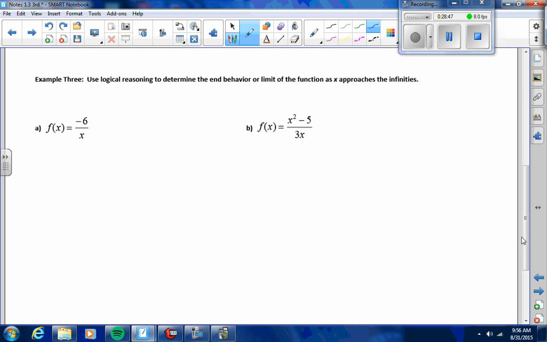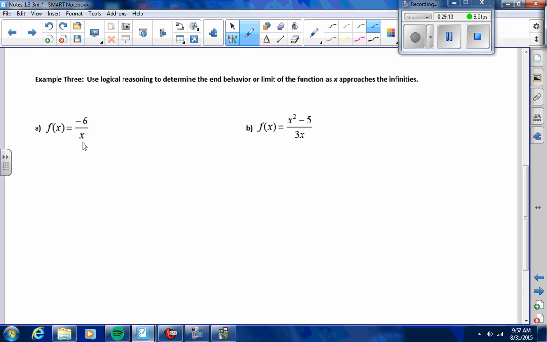Now in example 3, we are going to use logical reasoning to determine the end behavior, or the limit of the function as x approaches the infinities, from negative infinity and positive infinity. So this time we don't get to graph it. We just have to think solely about the function. The first one, f of x equals negative 6 over x.